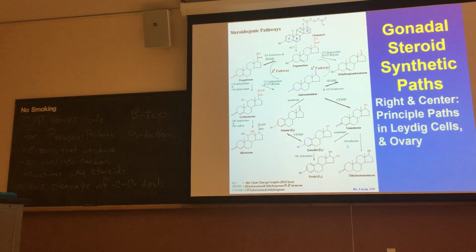Testosterone, when acted on by an enzyme called 5-alpha reductase, which introduces hydrogen across these bonds, gives you dihydrotestosterone. This occurs in the peripheral male structures, particularly during development, and it's important for development. But you can see where the other enzymes occur, where they are leading.